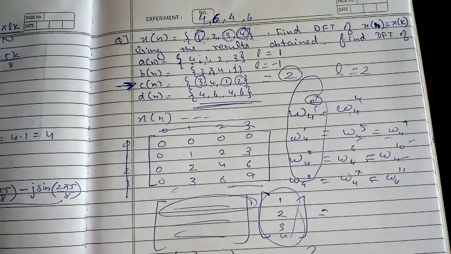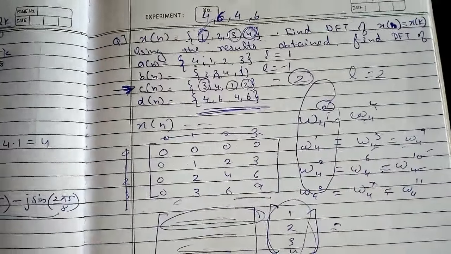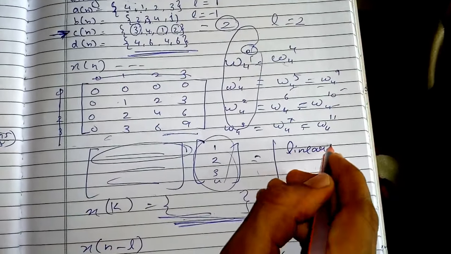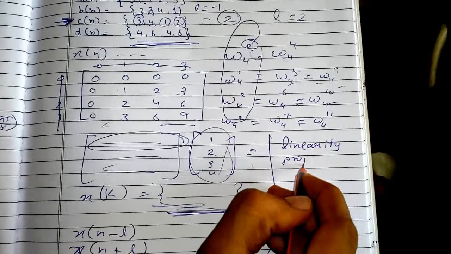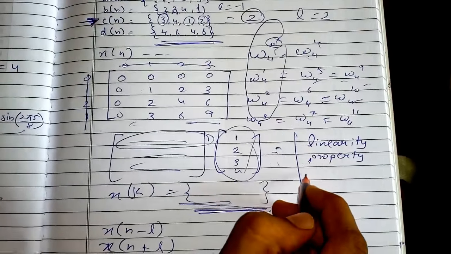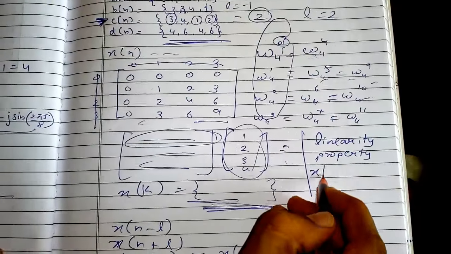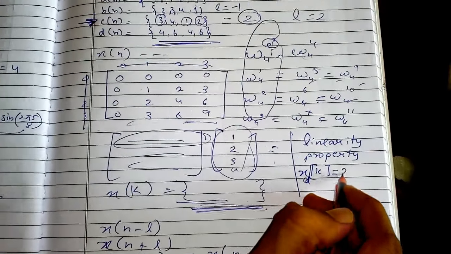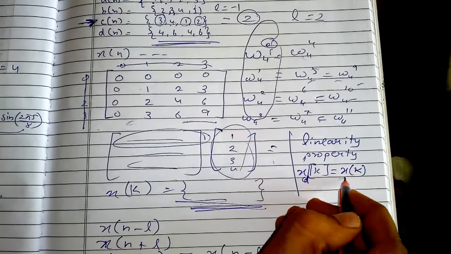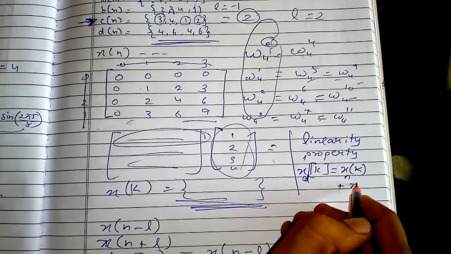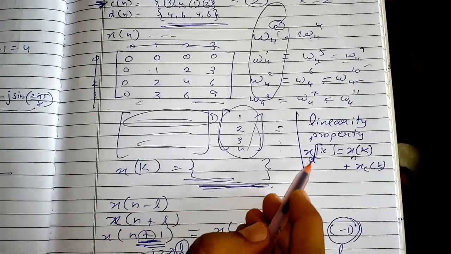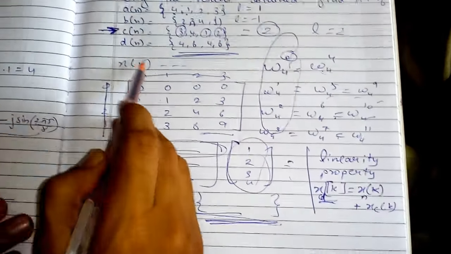So what property do I use here? I have a very interesting property called the linearity property. I can write x d of k equal to x n of k plus x c of k. Now what do I mean by that? I have to find x of k for this d of n.